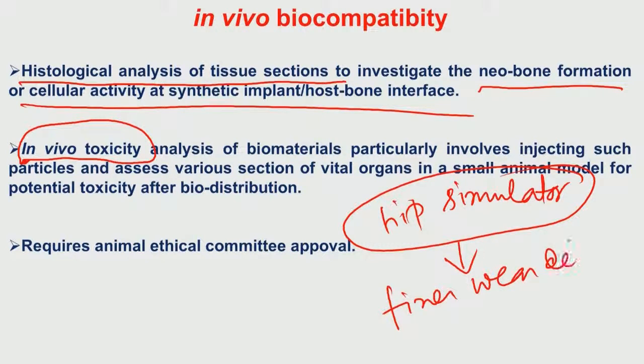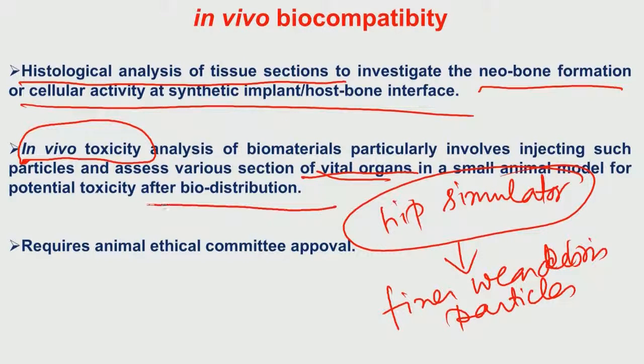Fine wear debris particles are essentially generated because of the continuous friction and wear at the interface. When these wear debris particles are transported to different tissue structures or different organs, they can cause toxicity of those vital organs, and this potential toxicity after biodistribution needs to be evaluated.